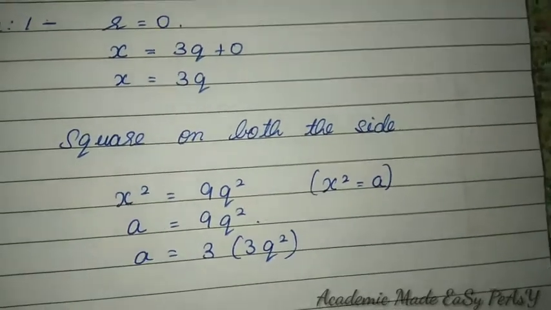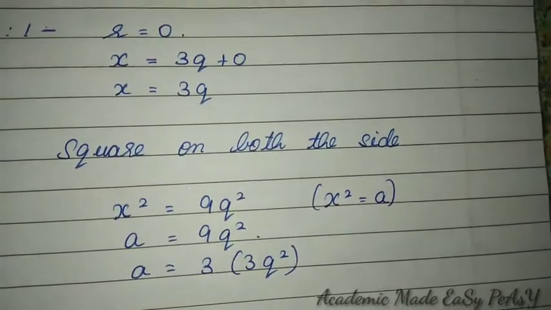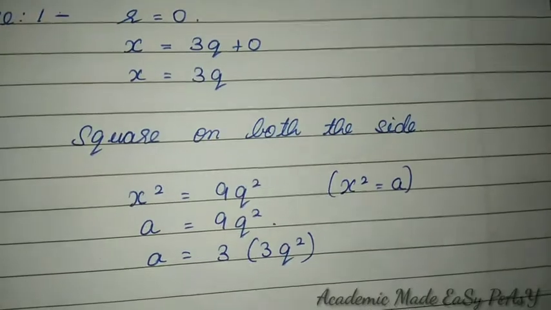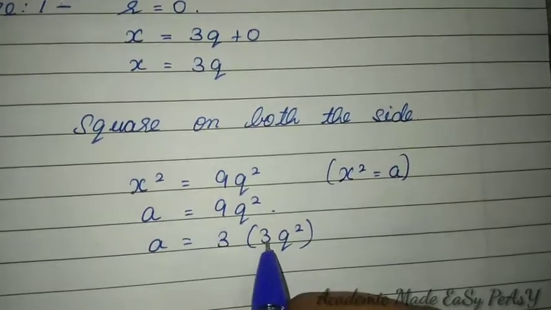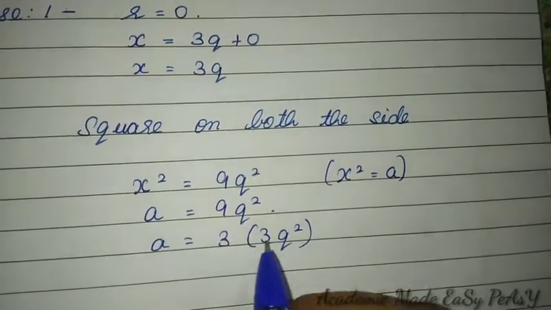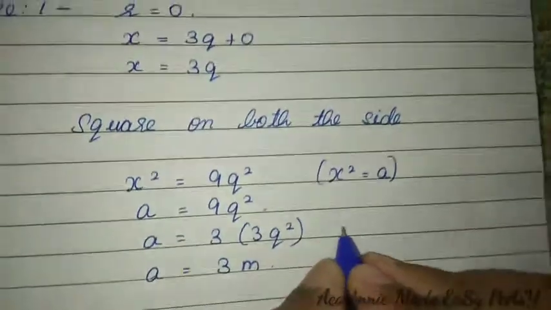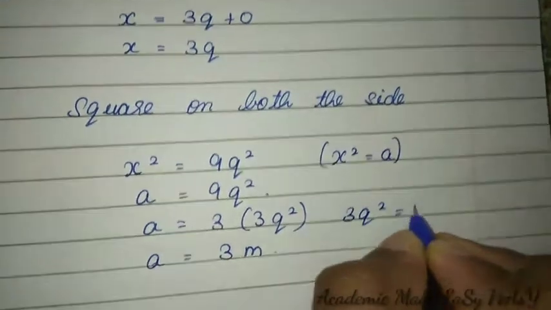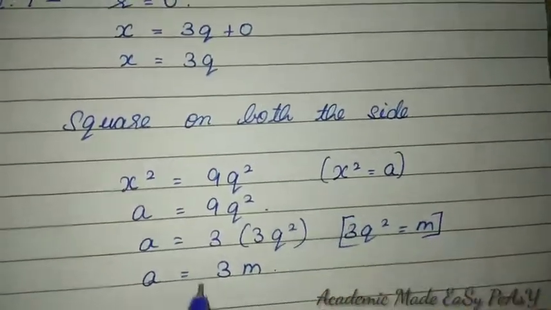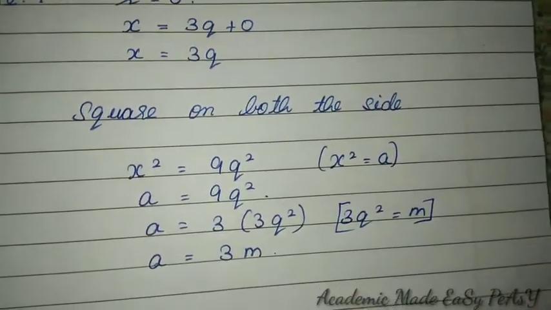I want it in the form of 3m, but m can be any value, that is any integer. So I am taking it as 3 into 3q square. So a is equal to 3m. I have to assume that 3q square is equal to m. Then I will write a is equal to 3m.